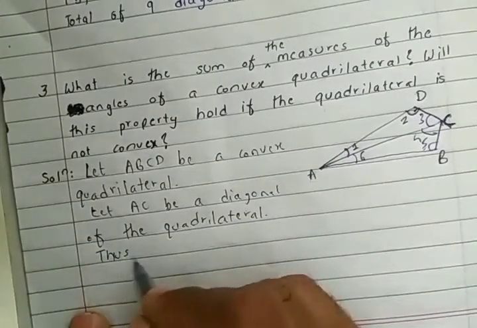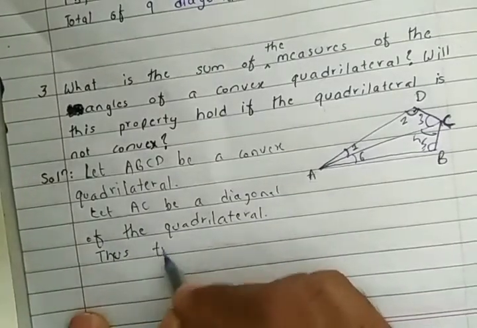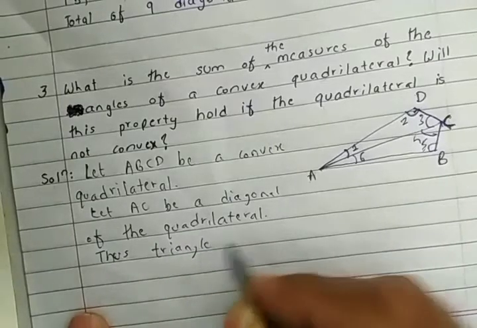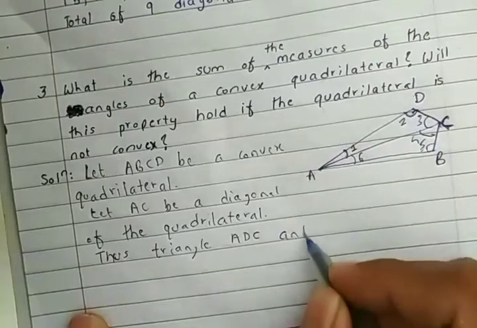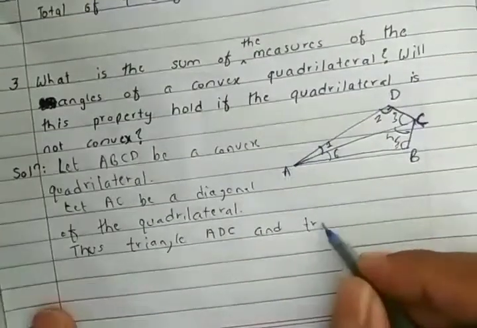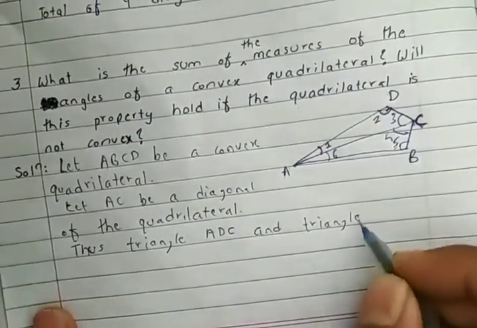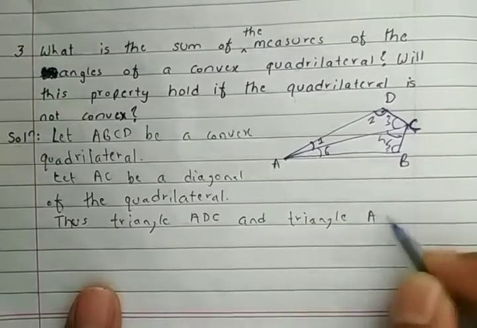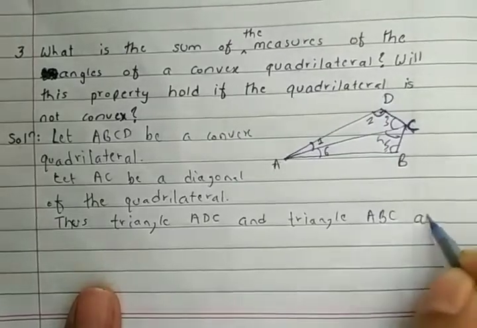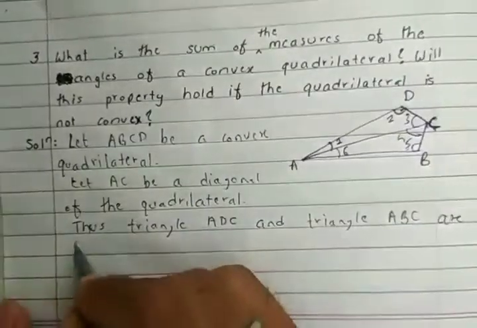Thus, triangle ADC and triangle ABC are formed.